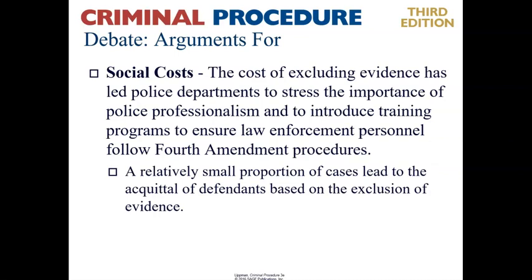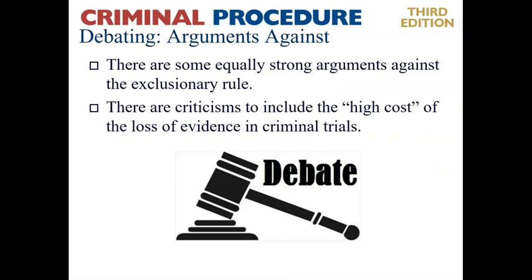So with that said, there are also some very equally strong arguments against the exclusionary rule. We looked at some arguments for, but let's take a look at some arguments against. So again, there are some criticisms.